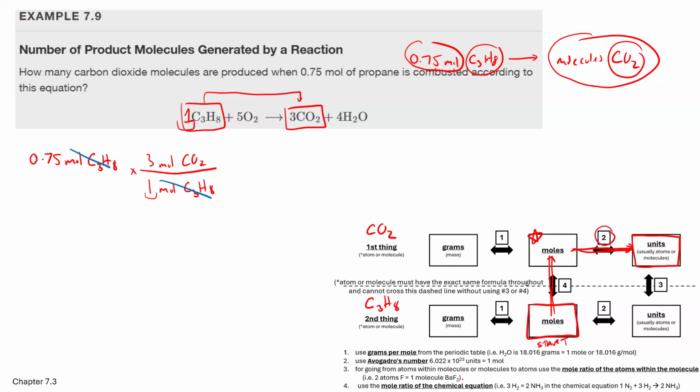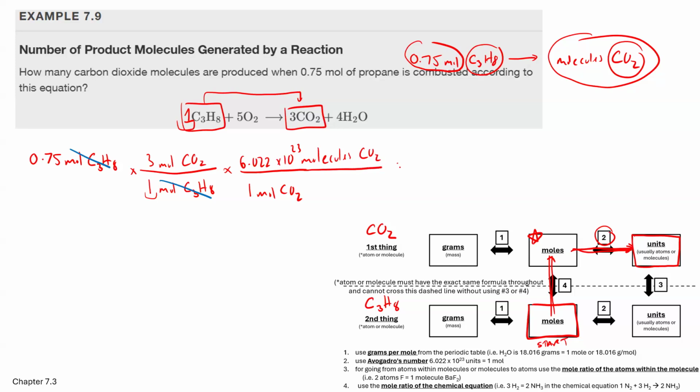It says use Avogadro's number, 6.022 times 10 to the 23rd units. And again, units are molecules or atoms in this class usually. We need moles of CO2 on the bottom. Up top, we need the 6.022 times 10 to the 23rd molecules CO2.